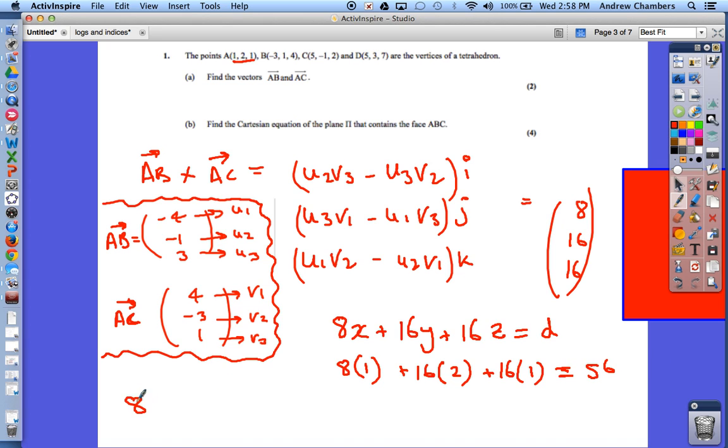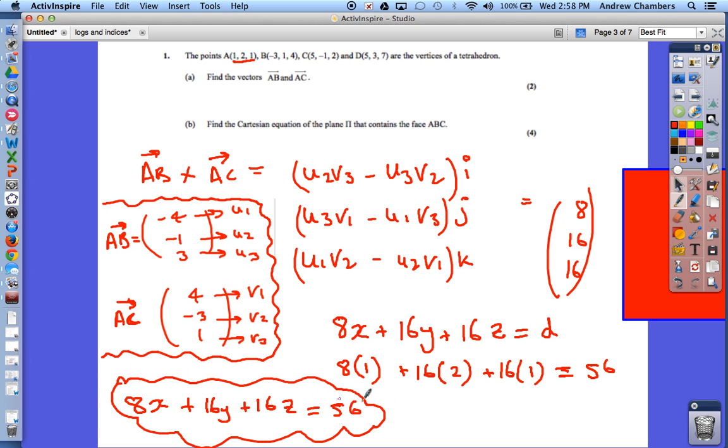So the Cartesian equation of the plane is 8x + 16y + 16z = 56. If I want to simplify that, I divide everything by 8 and end up with x + 2y + 2z = 7. So that's my simplified version, the Cartesian equation of the plane.